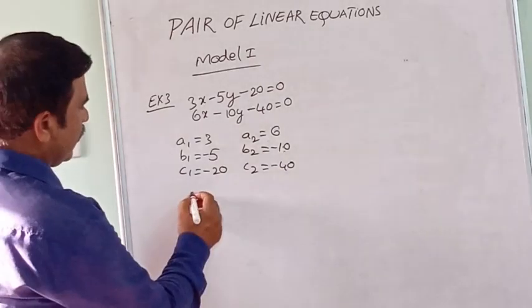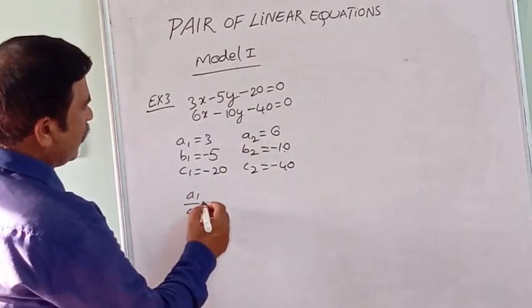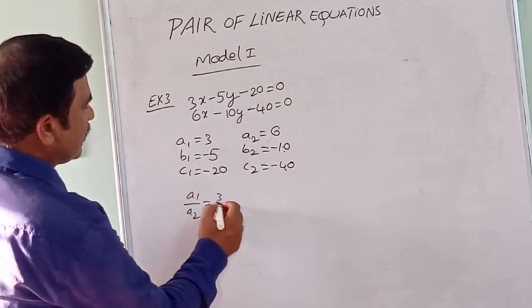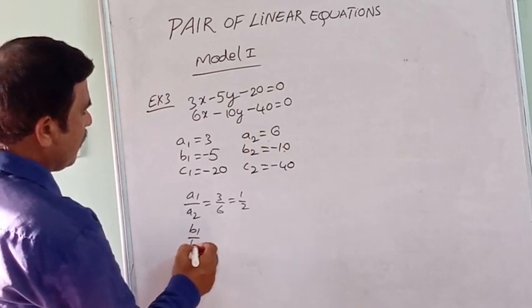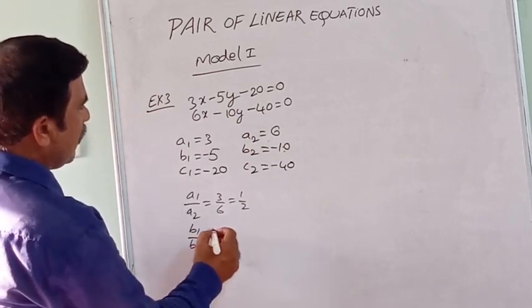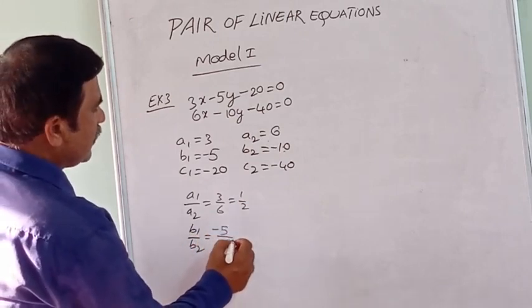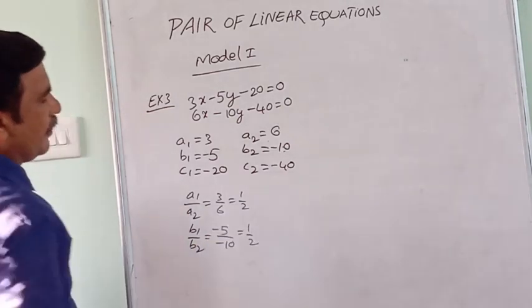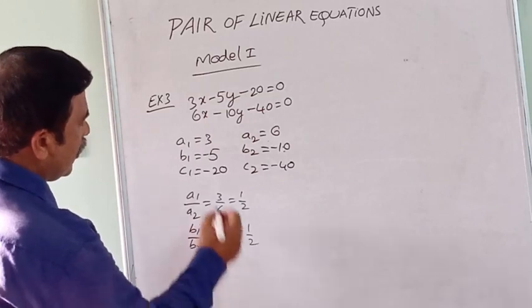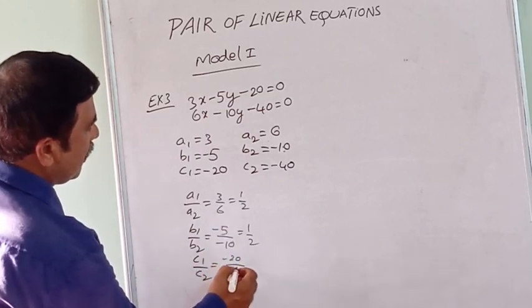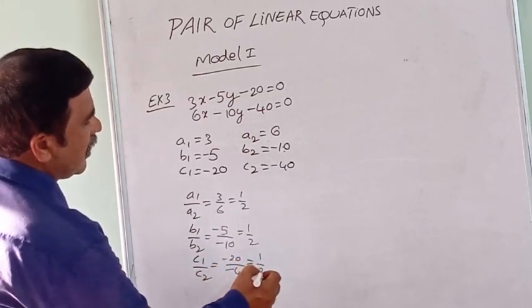Now check the a1 by a2 value. How much? 3 by 6, which is 1 by 2. b1 by b2 value, minus 5 by minus 10, which is also 1 by 2. c1 by c2 value, minus 20 by minus 40, which is also 1 by 2.